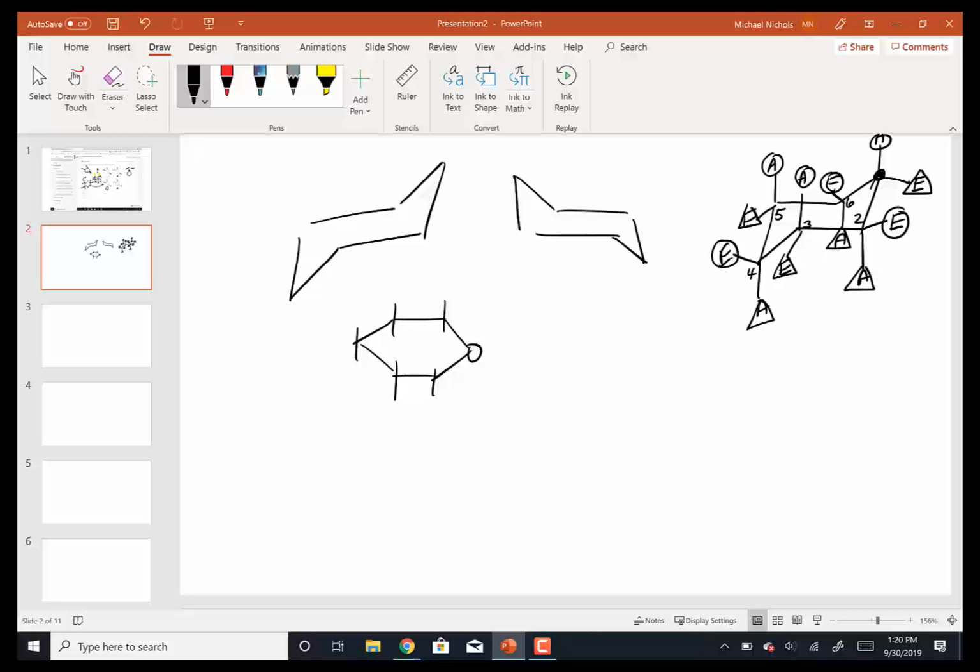So once you have the positions here, a ring flip is when you convert this into this. And so the question is, how do I do that? Well, what I do is I grab this carbon right here, this bottom carbon, and I rotate it up. And when I do that, I end up with this conformation.